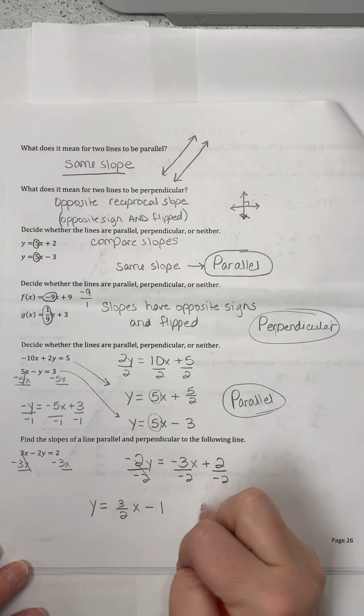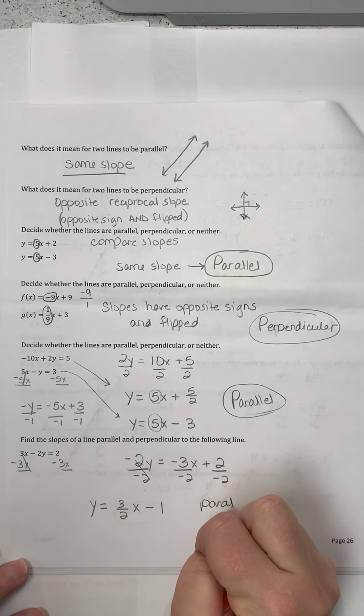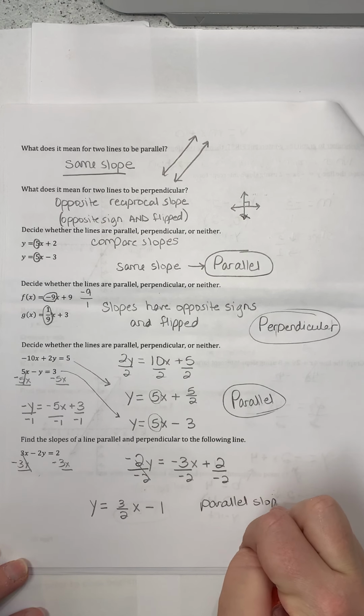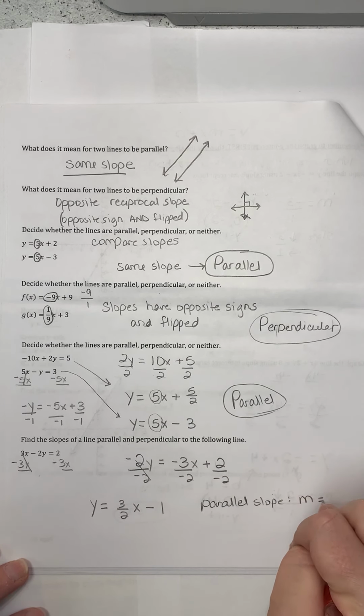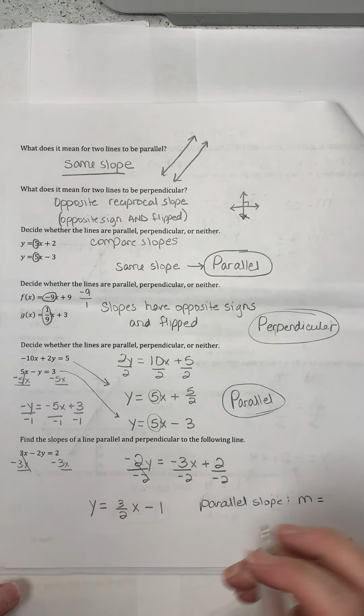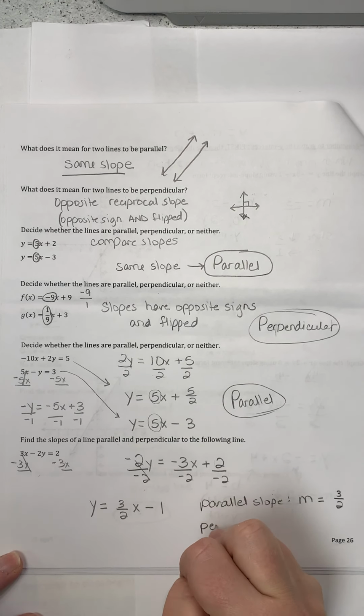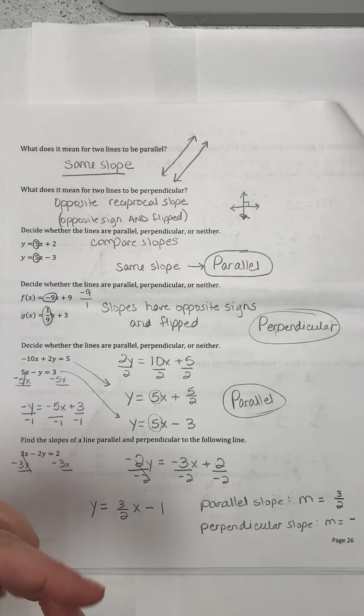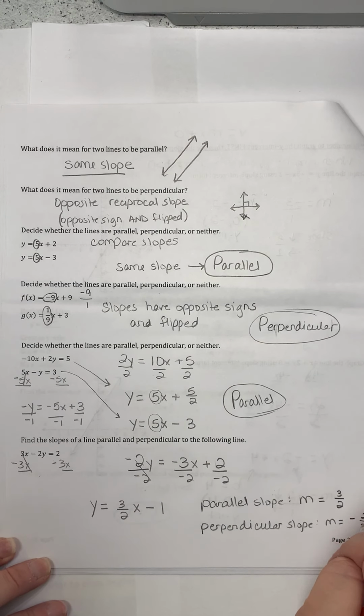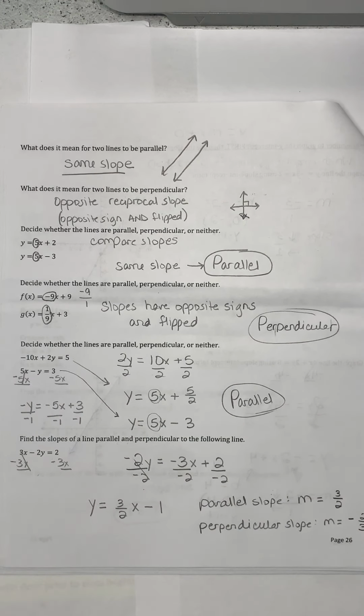Okay, so if this is our line, a parallel slope for this line would be the same slope, so 3/2. A perpendicular slope for this line would be the opposite sign, so this is positive, so ours would be negative, and we're going to flip it, so negative 2/3.